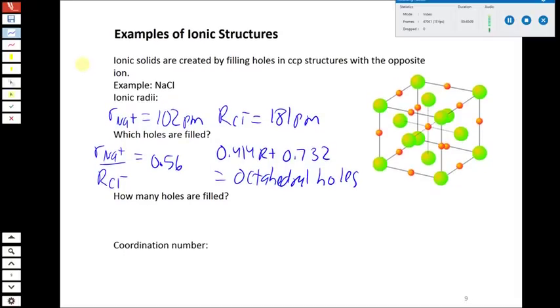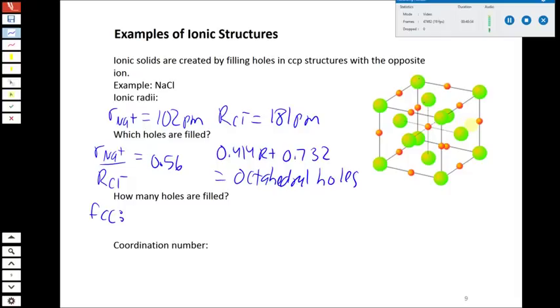Now we want to think about how many of these holes are actually filled. So we have to think about how many of each ion would be present in the structure. Our chloride is going to occupy the face-centered cubic lattice. Remember, the larger ion, in this case the Cl-, is going to occupy the positions of the face-centered cubic lattice whenever we want to fill octahedral holes. That's the green ones here, the typical face-centered cubic arrangement that we talked about last time.